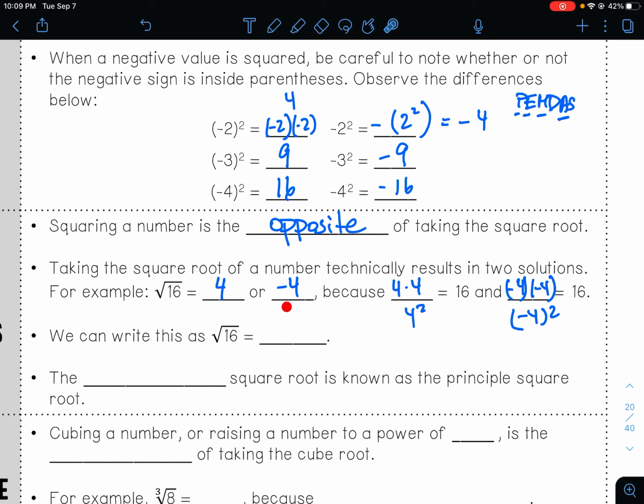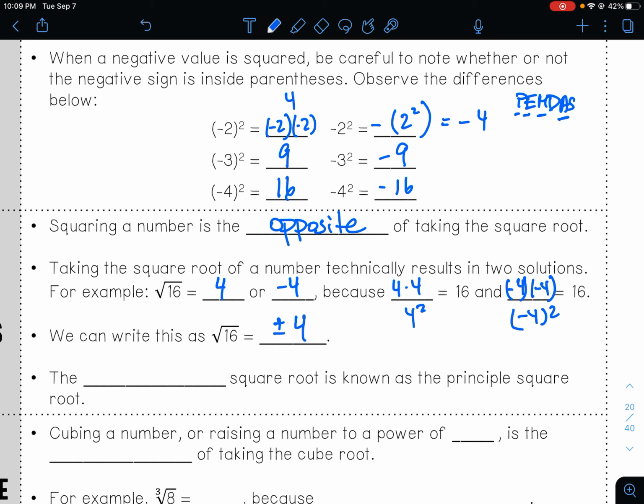Or you could say negative 4, because negative 4 times negative 4 also equals 16. So technically, every square root will have 2 answers. We can write this as the square root of 16 equals plus and minus 4. So often you'll see the plus and minus 4, not just 4.